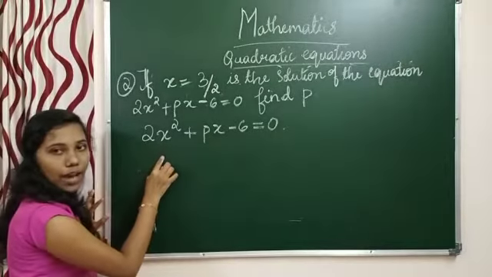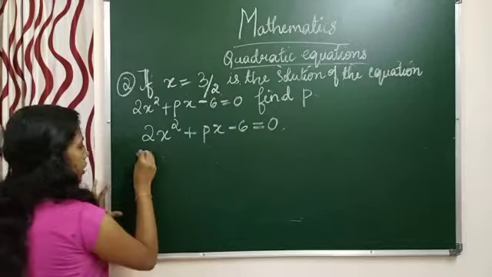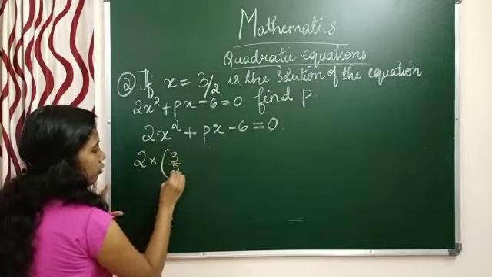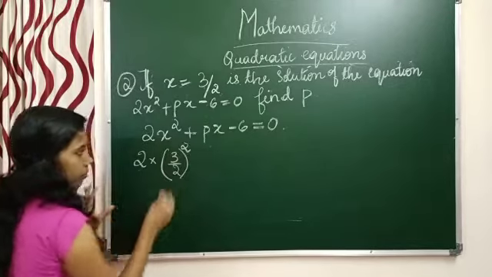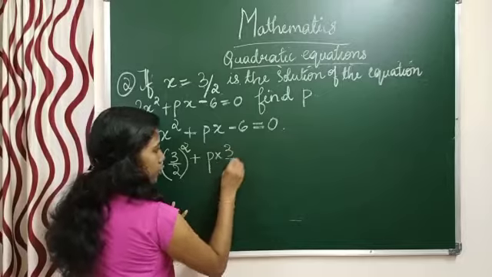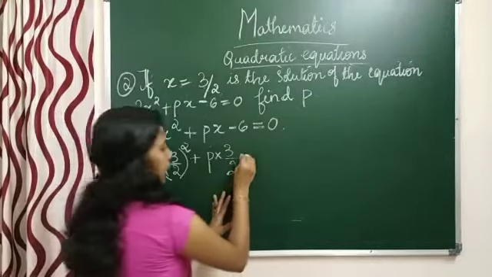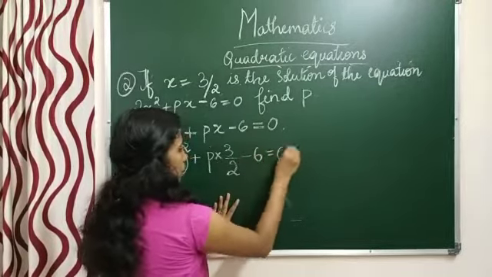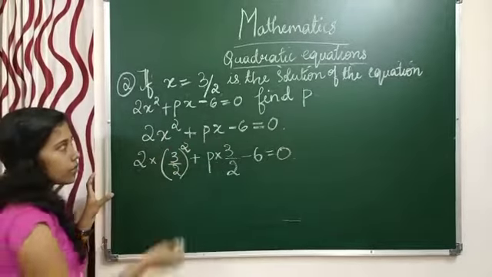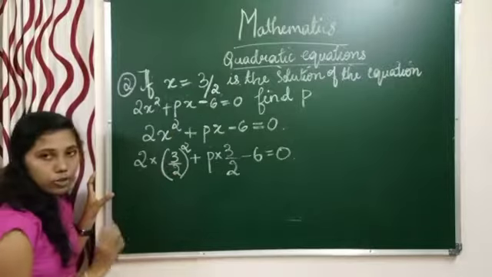So we have to put the value of x. So it becomes 2 into 3 by 2 the whole square plus p into 3 by 2, then minus 6 is equal to 0. That is, wherever the x value has come, we have to put the value 3 by 2.